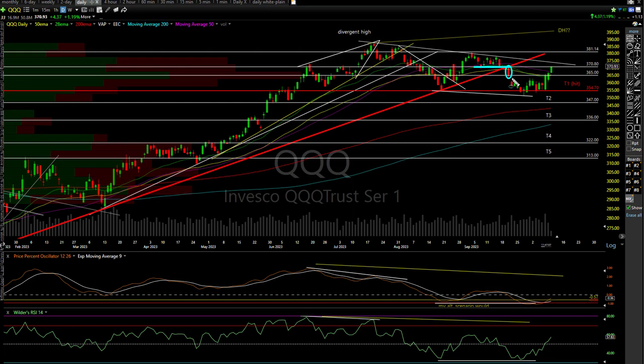Then when we broke it, you had a big impulsive red candle. We broke it, went down, tried to backtest several times, and failed. It tried to backtest it a couple of days there, with a hard rejection on the second day. Finally, a big green breakout candle, a reaction high. You can see plenty of reactions. So you have both price resistance there and downtrend line resistance just above.